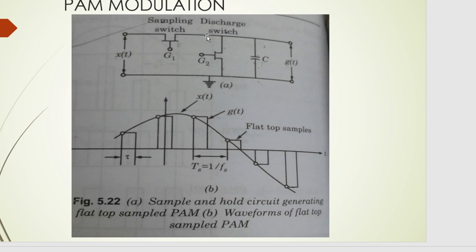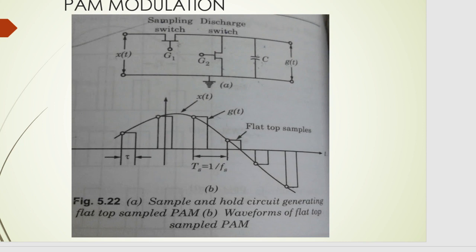Of course, the capacitor will charge through this path. This is the charging path of the capacitor. It won't charge through this path because this switch is acting like an open switch. This is off. The capacitor will charge to the maximum amplitude at that instant.